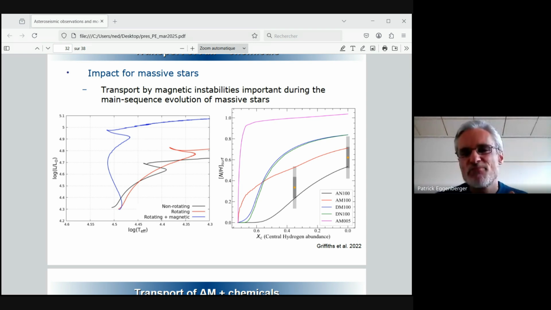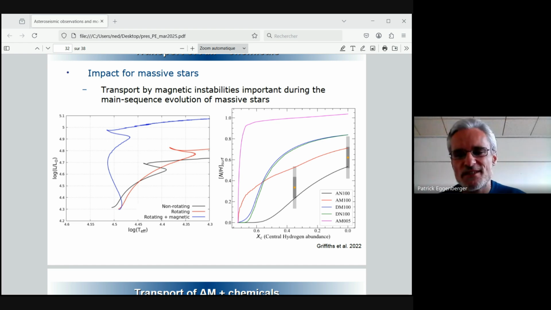Yes, the key point is that the change you see here in the HR diagram is also due to the mixing close to the border of the core. Something that is a bit more difficult to characterize is that you can have, in the same model, more mixing in a given region but less mixing in the external layers. This is what we see with magnetic field.